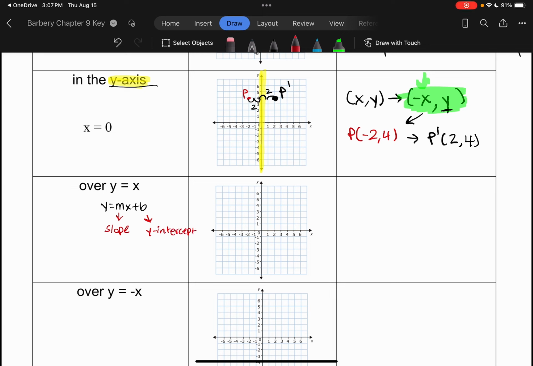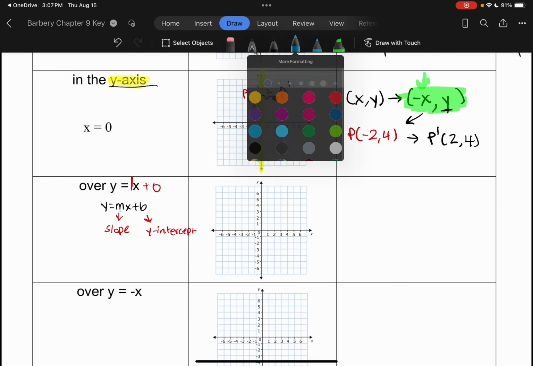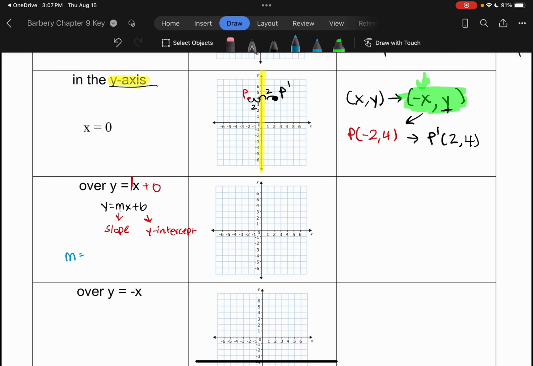The slope m is the number in front of x. Well, there's no number written there, but there's technically a 1. The y-intercept is the number that comes after. There is no number, but I can write this as +0. So for this problem, my slope is 1, and my y-intercept, b, is 0.